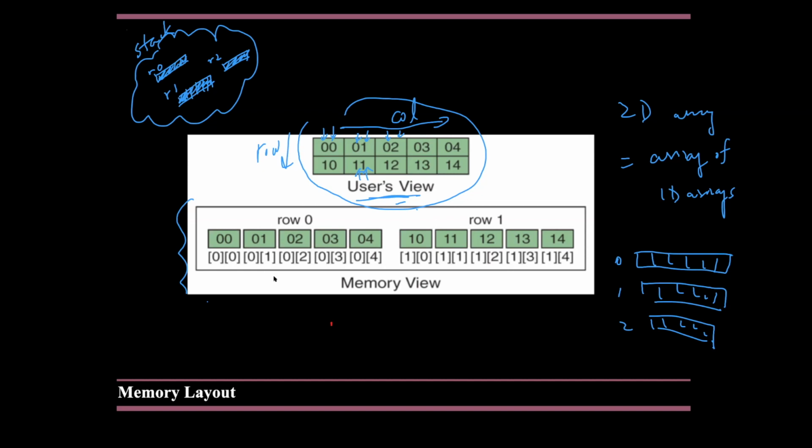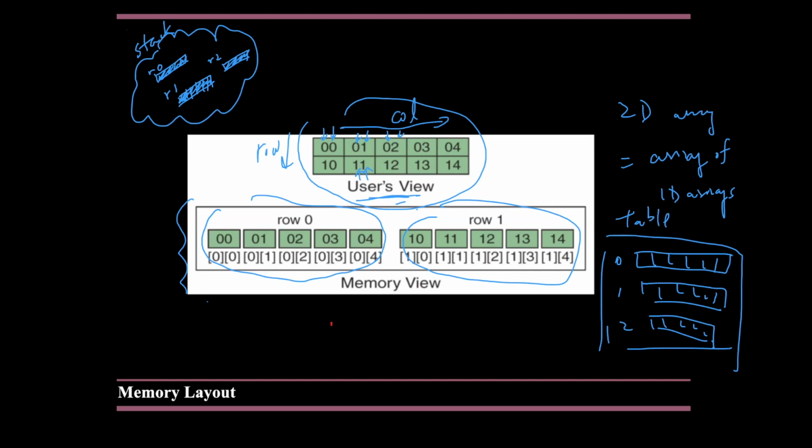The point I'm trying to make is that what you see inside the memory is a whole block of rows, or arrays, that form this entire table. So this is the table. Sometimes they could be sitting all next to each other, meaning row 0 will be sitting next to row 1, and then row 1 will be sitting next to row 2, and so on and so forth.